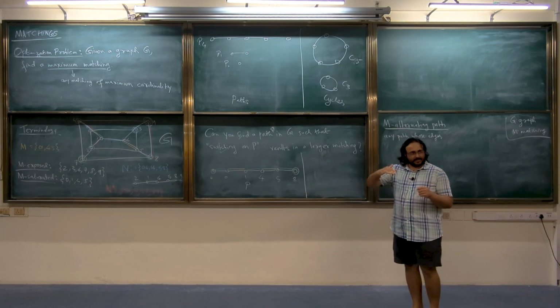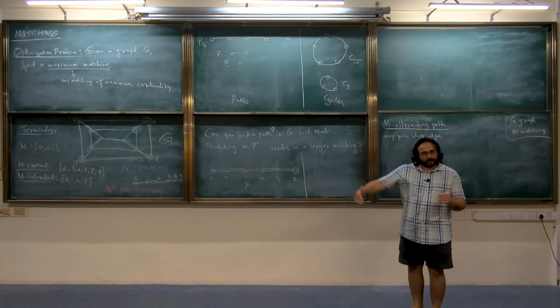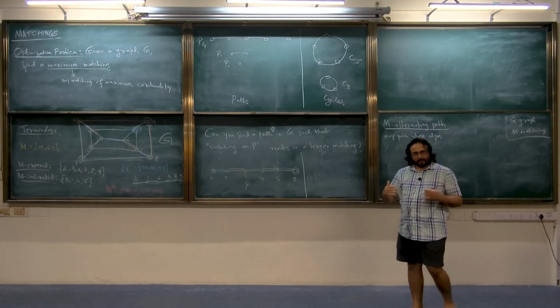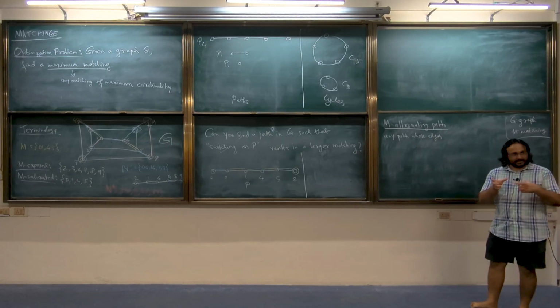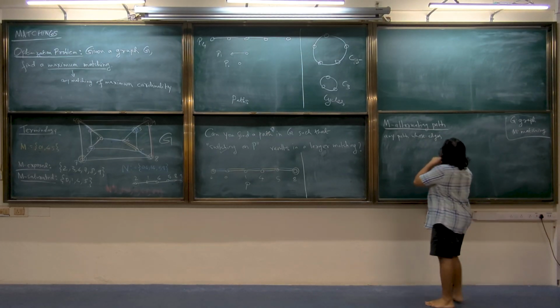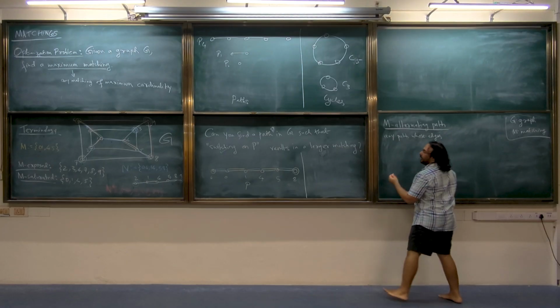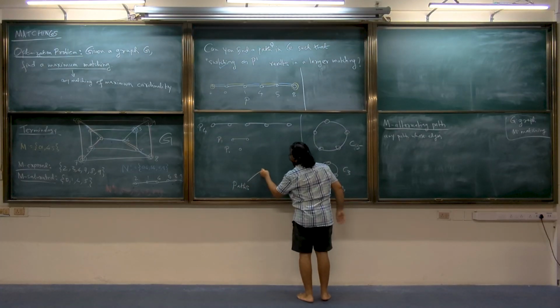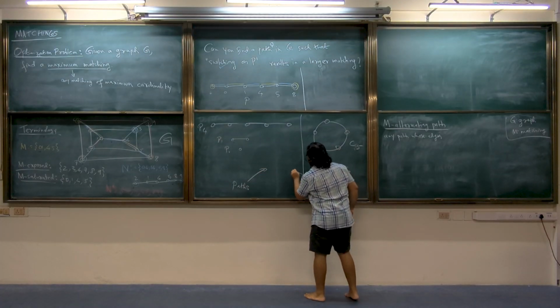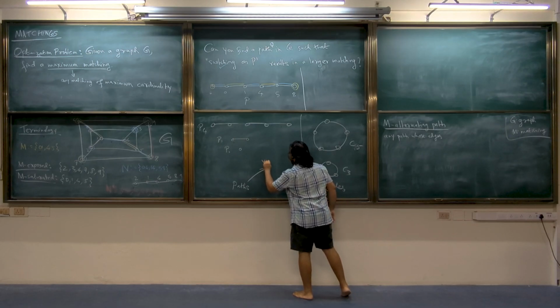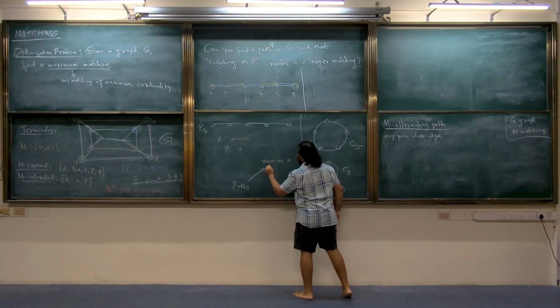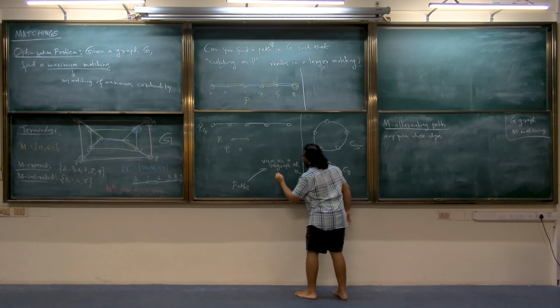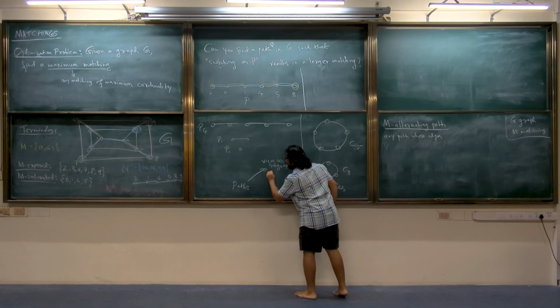But a set of edges, if it is a path, defines a unique path. The ordering is automatically imposed by the set of edges itself. So a path or a cycle, we will generally view as a set of edges. But you can also view it as a subgraph.